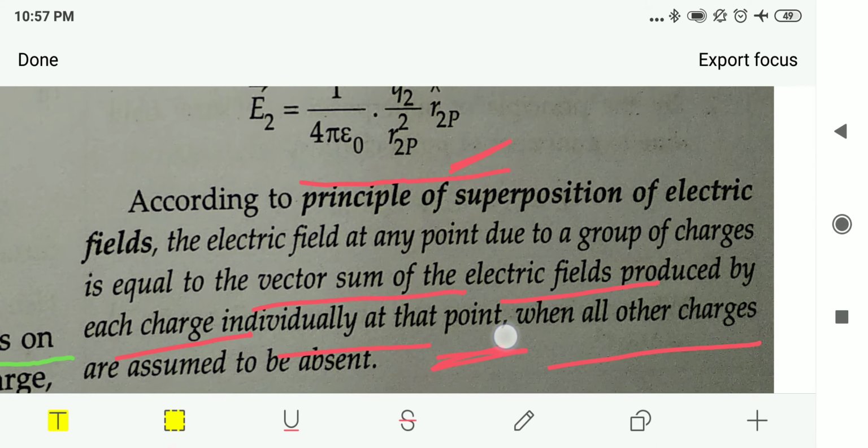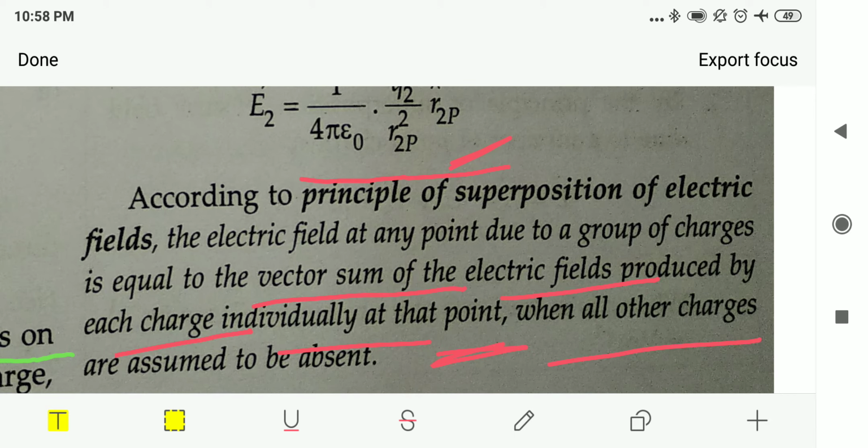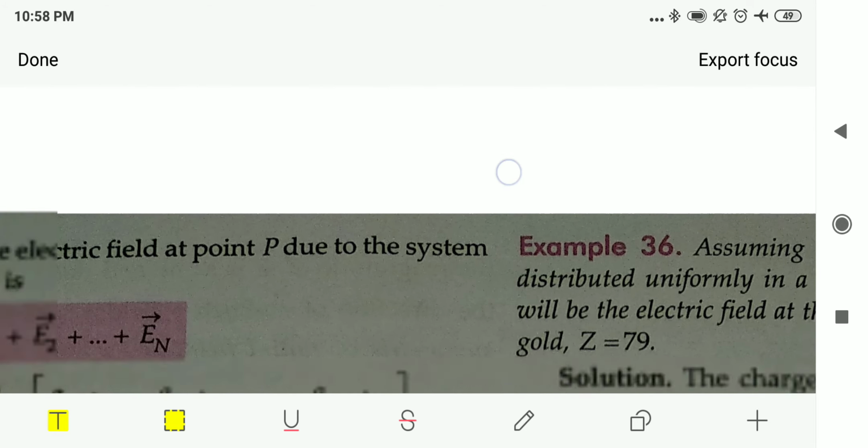So this is the principle of superposition of electric fields. Remember, we have studied superposition of forces in the last classes. It is similar to that only.